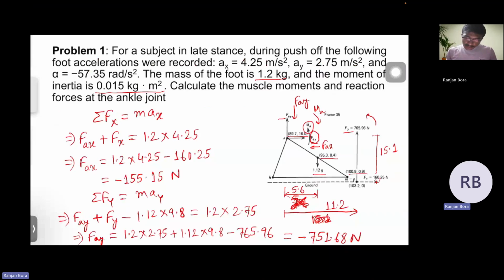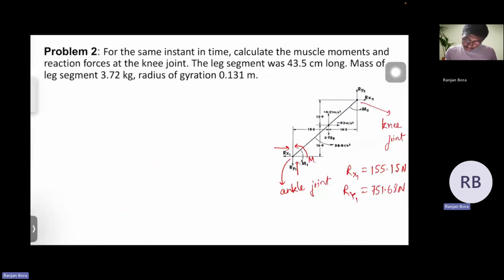So in the knee joint problem, it will be anti-clockwise. M1 will be 110.23 Newton meter. So we'll use these reaction force values to find out the reaction force and muscle moments at the knee joint.